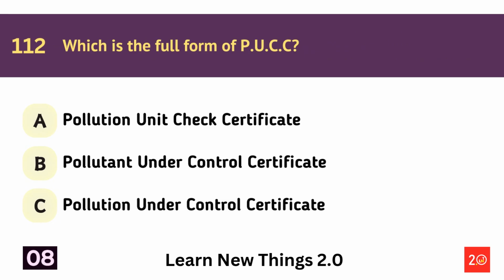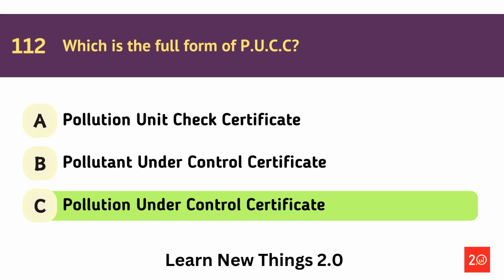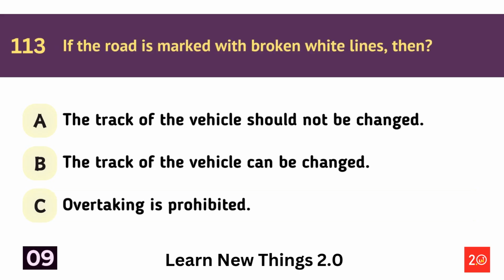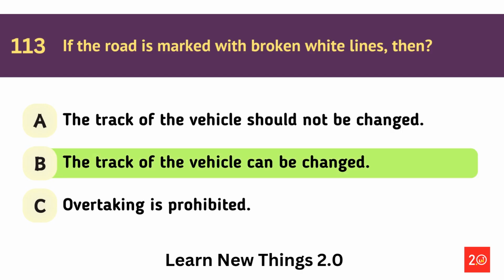Which is the full form of PUCC? Pollution Under Control Certificate. If the road is marked with broken white lines, then the track of the vehicle can be changed.